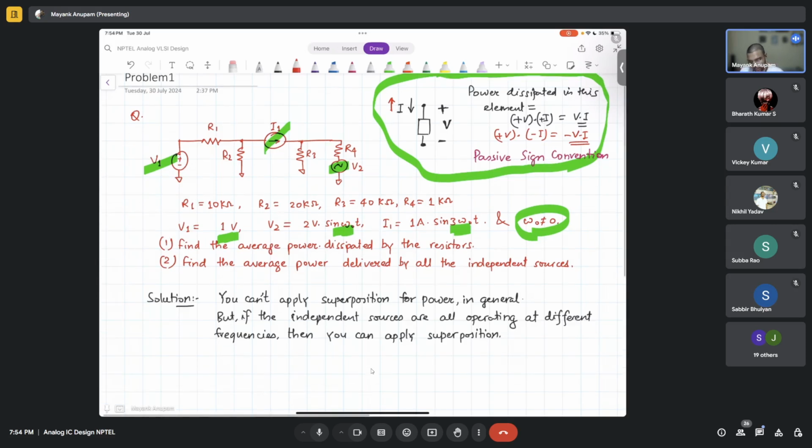So now that you have that piece of knowledge in mind, here also if you want to find out what is the power delivered, okay, please note, we want to find out what is the power delivered by this voltage source V1. What will you do?